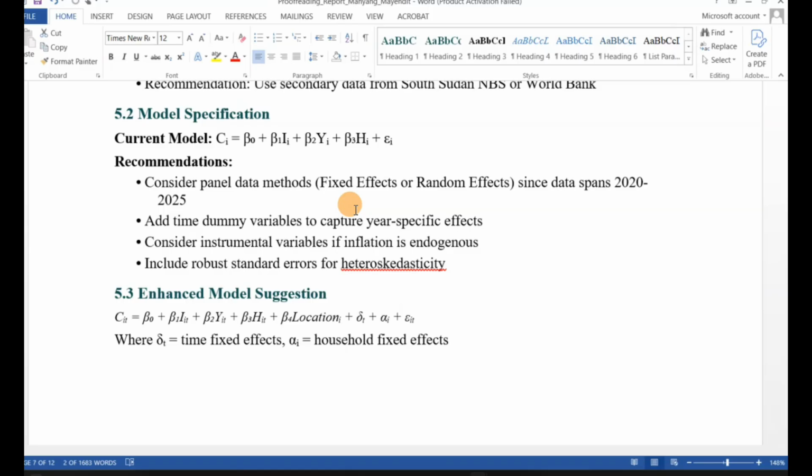As long as there is location, he's adding region, right? But he's adding region as a cross-section, as i, not as it. In the household, this h stands for the household, right? And y and i, I is investment.